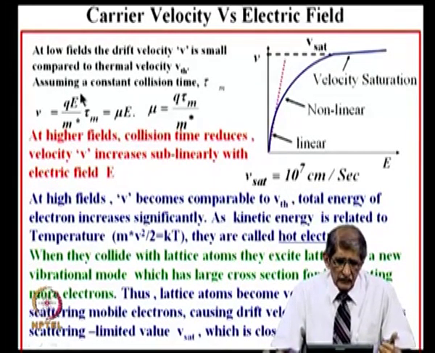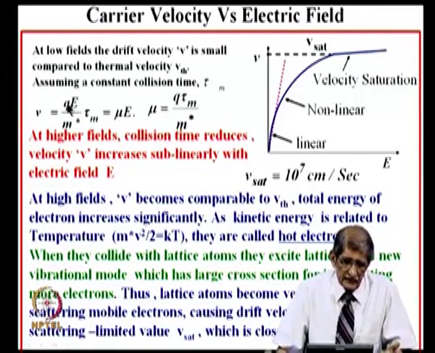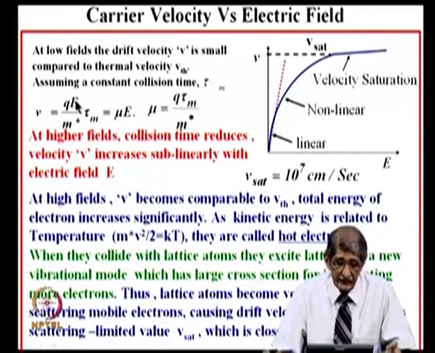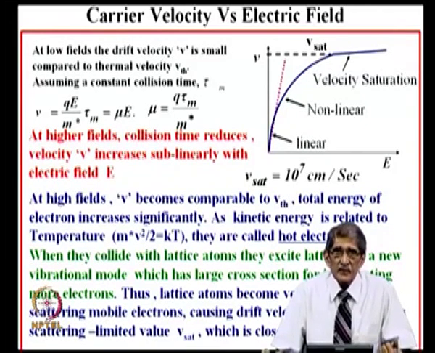So, in a time tau m, there will be a collision. The electrons get accelerated by the force qE, where E is the electric field, divided by m star. m star is the effective mass of electrons, because you talk of movement of electrons in the crystal, not in free space. So, this is the acceleration.